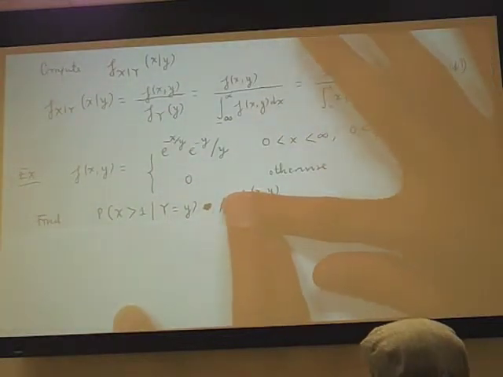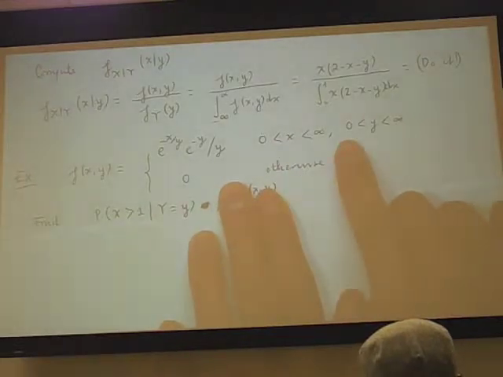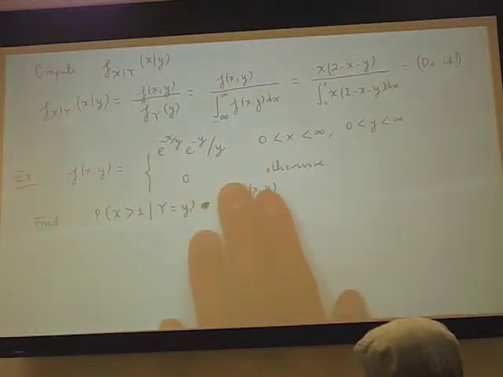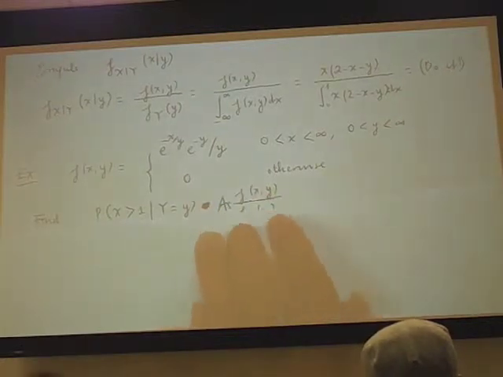I want you, given the function f(x,y), the joint density function, to be that one in the first quadrant right here, x positive, y positive, otherwise it's going to be 0. I want you to find the probability of x bigger than 1, given the condition that y is equal to 1. Some number right here. So let's see, what are our train of thoughts right here?